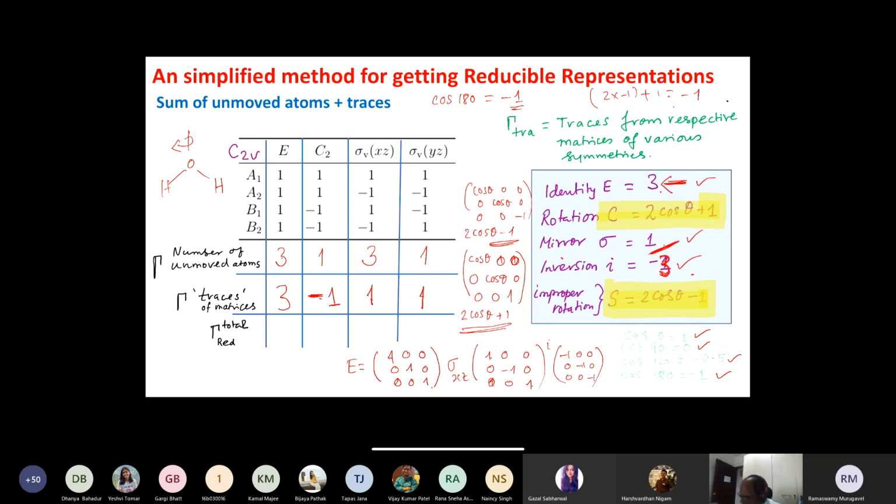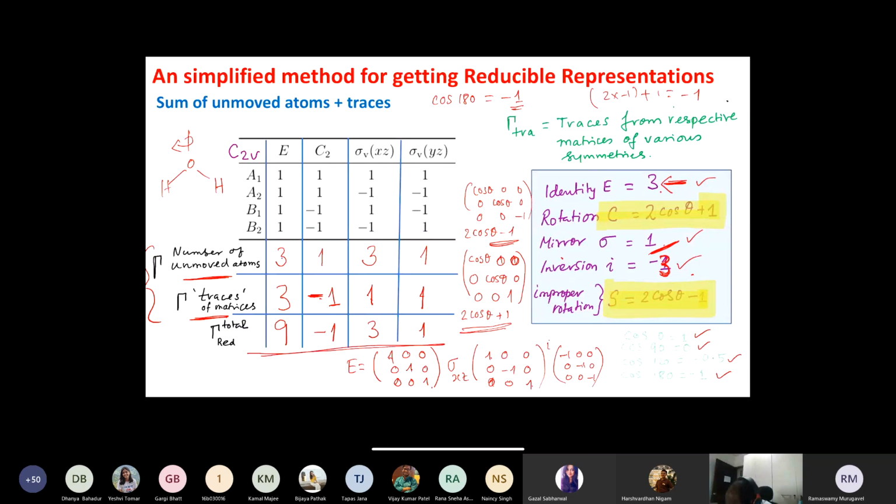Now all that you need to do is multiply, not add, multiply the number of unmoved atoms by the trace. 3 into 3 is 9. Minus 1 into plus 1 is minus 1. 3 into 1 is 3. 1 into 1 is 1.